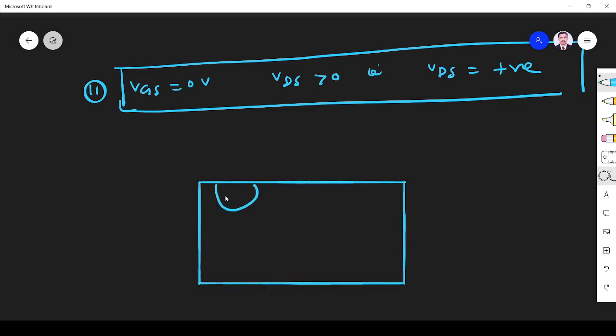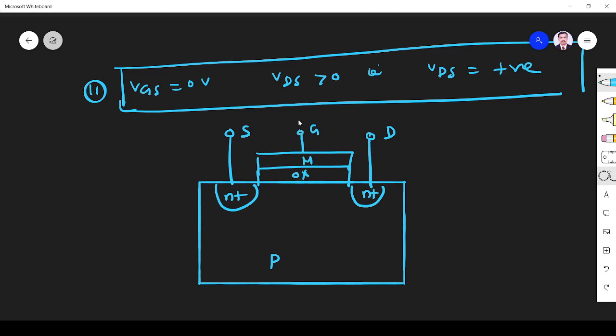This is N plus, P type, source, drain, oxide, metal, gate. Again we are applying gate voltage of 0, but VDS is positive. Source is always grounded, so this I put as 0, and this is VDS.